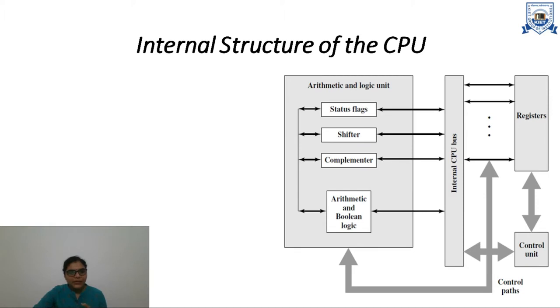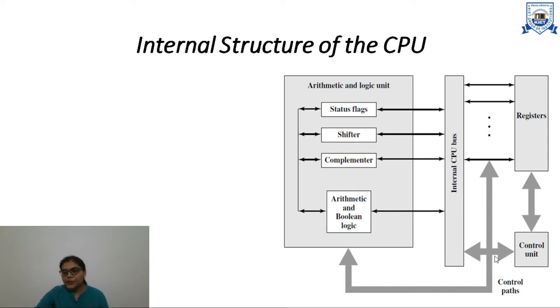It may shift the bits to the right or left. Status flags: these are registers, where one flag is a 1-bit register. And this set of flags tells the status of the most recently computed result.